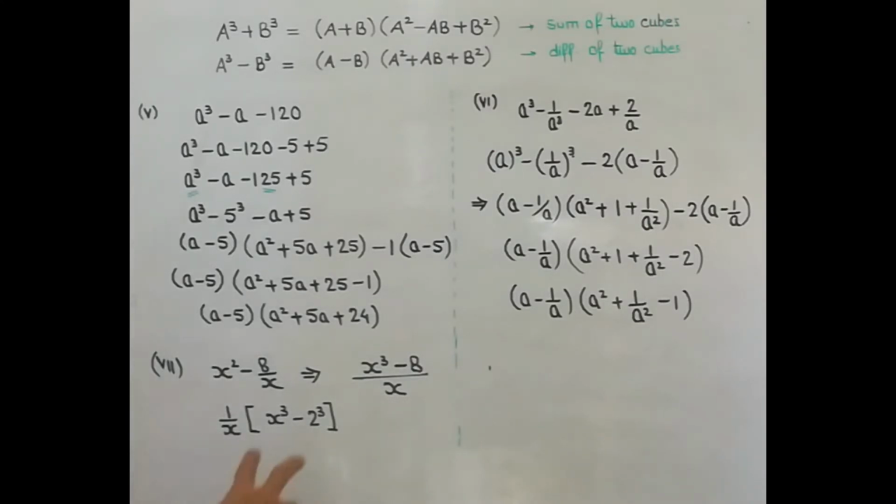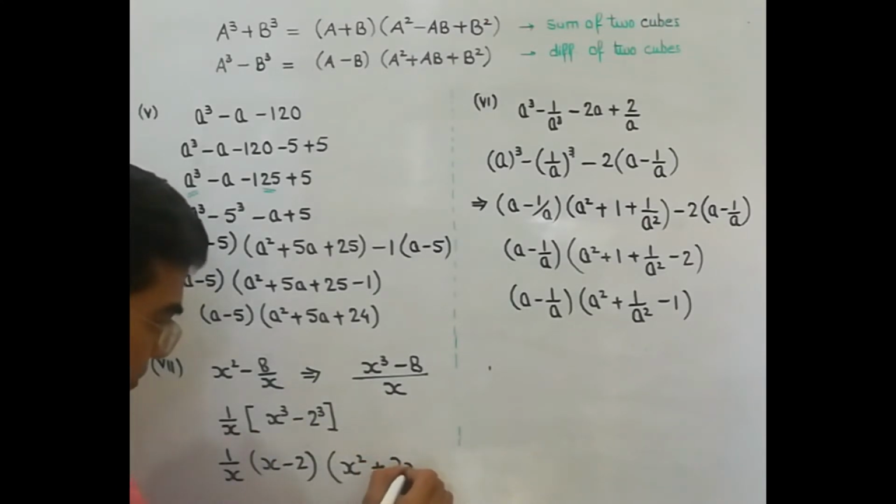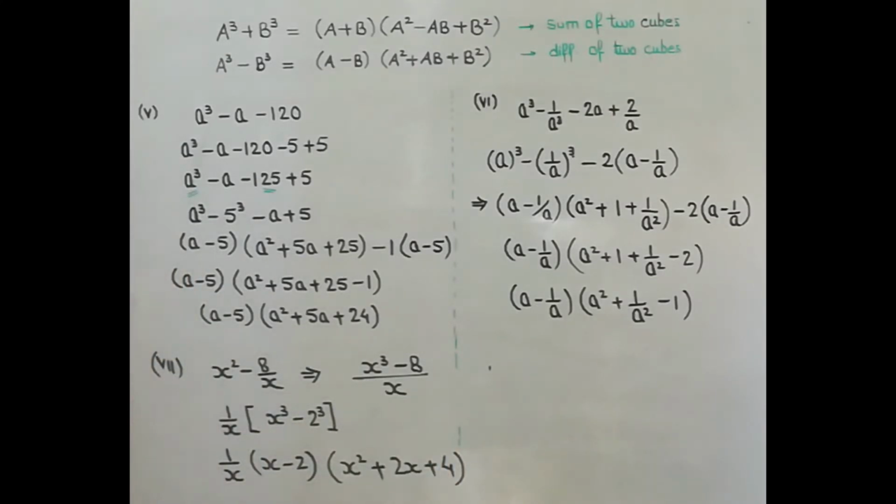Now you can apply the formula for difference of two cubes. A cube minus b cube will give you a minus b in the first bracket, a square plus ab plus b square in the next bracket. So this will be your answer.